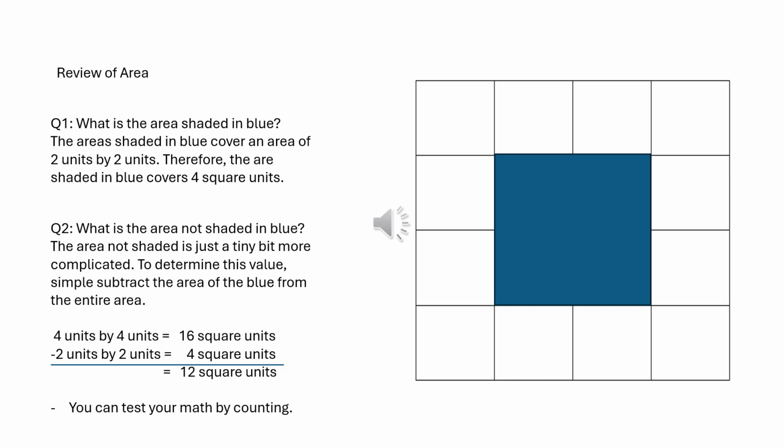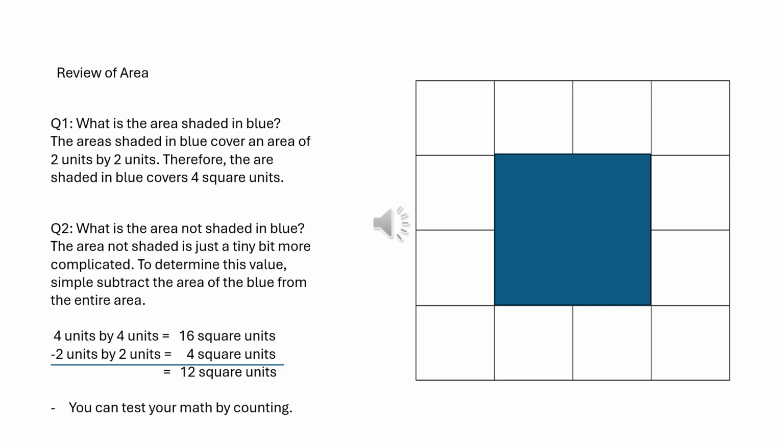So the question is asked, what is the area shaded in blue? Well, one easy way to do this is to notice that its base is 2 and its height is 2. So 2 times 2 equals 4 square units. We're counting our squares just as basic units.